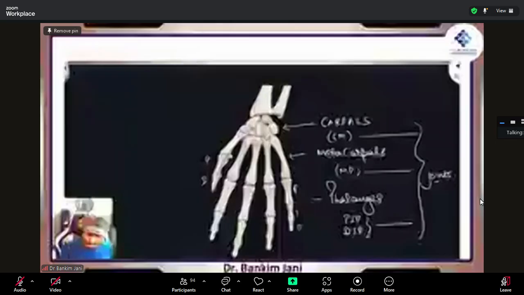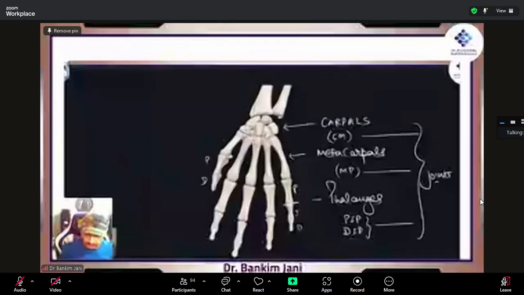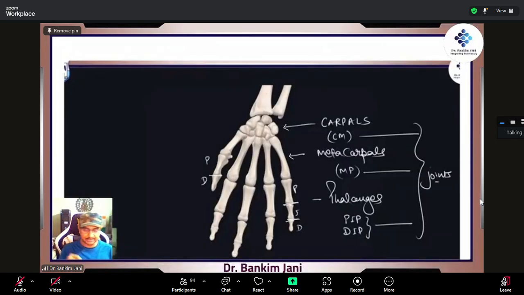And in the phalanges, this is what is called PIP, proximal interphalangeal joint, and this one would be distal interphalangeal joint. Very true that in case of thumb, there is just one, and that is interphalangeal joint. There is nothing like proximal and distal because there are only two phalanges.